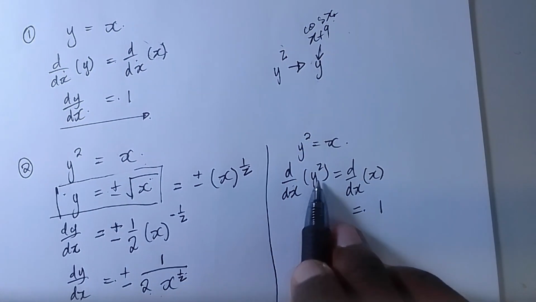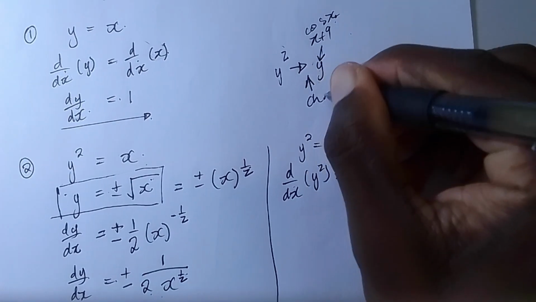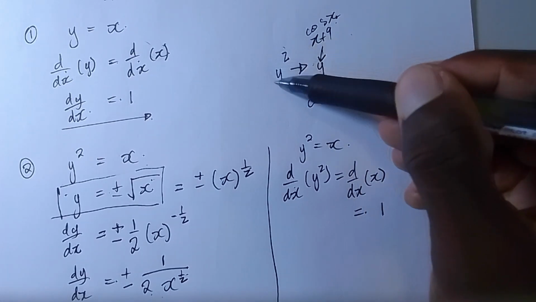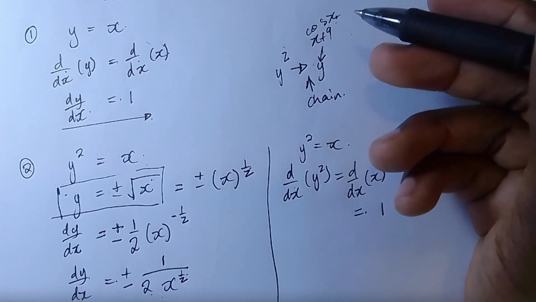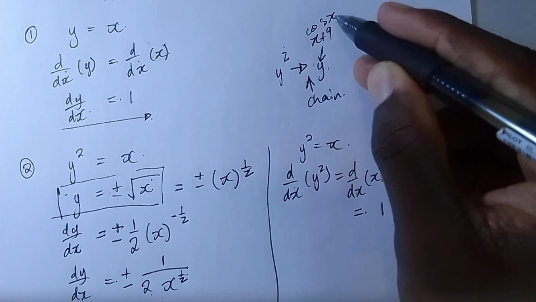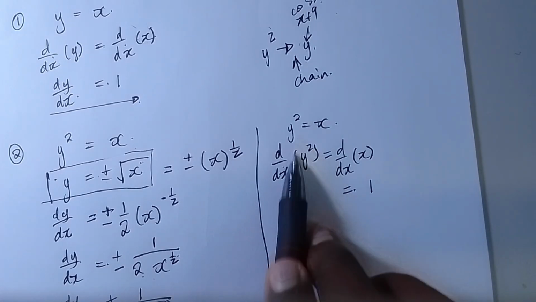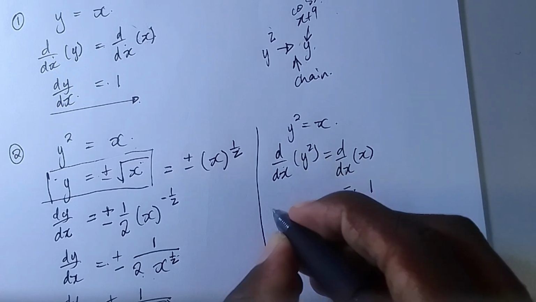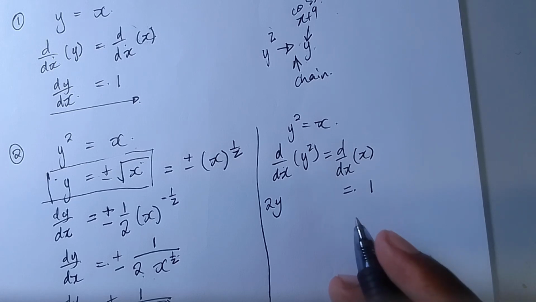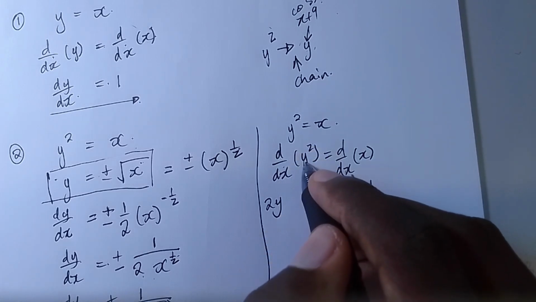So when we differentiate this, we use the chain rule, because we have two functions. The outer function, which is y squared, meaning something is squared, and then the inner function, which is y, and y is changing with respect to x. So we differentiate the outside. If we differentiate y squared, you have 2y using the power rule, and then if you differentiate the inside, which is y, you're finding the derivative of y.